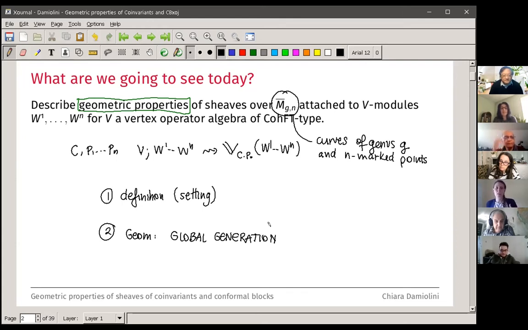But in this more general setting, where instead of just taking representations of Lie algebras we start with representations of vertex algebras, some new phenomena appear. So I will give you some counterexamples and state a theorem that we proved with Angela Gibney, and some ongoing work. I will probably at the end have some questions for the experts on vertex operator algebras.